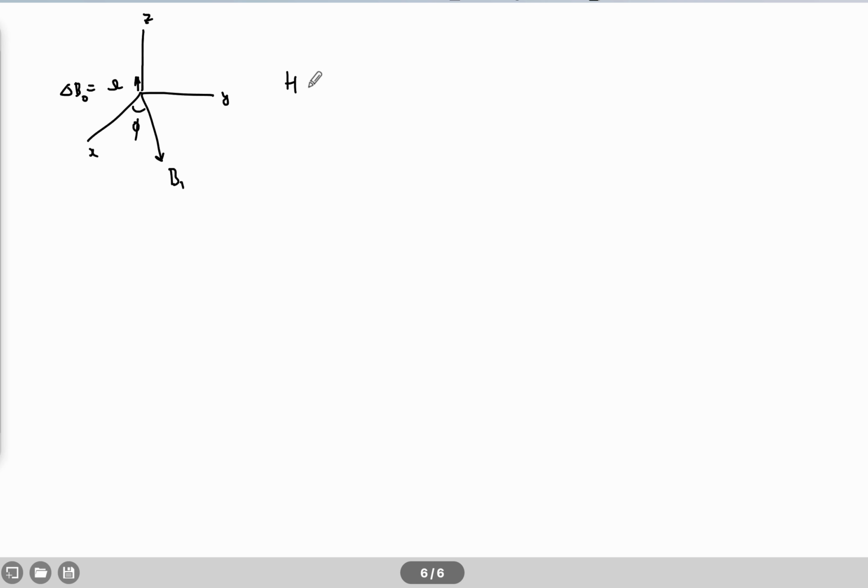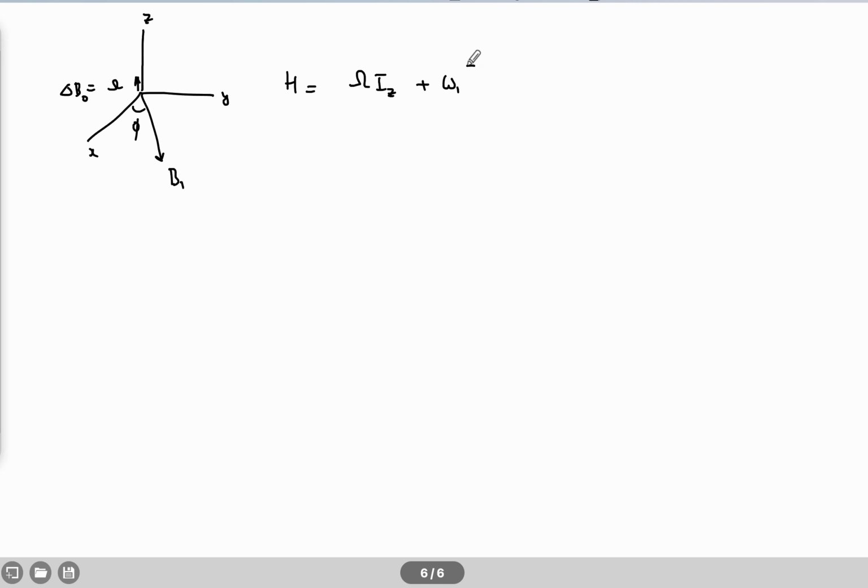Then the Hamiltonian in the rotating frame can be written as omega Iz. This omega is the capital omega given by this small arrow in the z-axis, plus omega 1. Now omega 1 corresponds to the B1 field, which is generated because of the RF pulse.